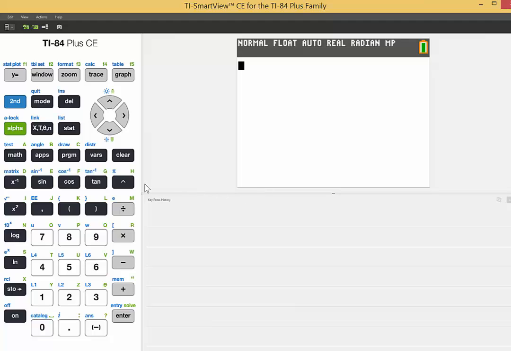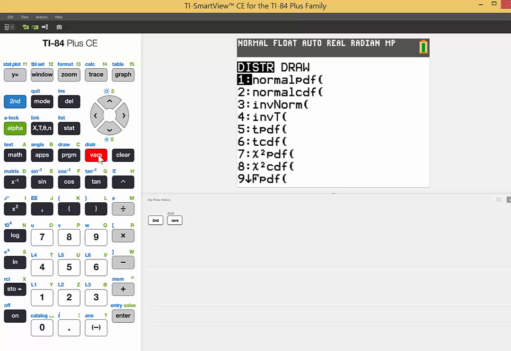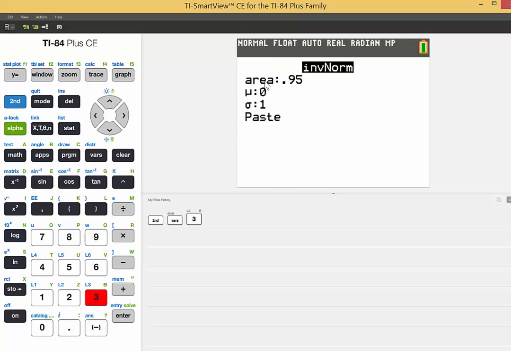We could also find this value using the inverse normal function on the TI-83 or 84 calculator. We do that by pressing second, variables, and then 3, inverse normal. Here we have the area, the accumulated area up to that z-value, so we have 0.95. Since this is a standardized normal distribution, we'll have the mean at 0 and the standard deviation of 1.